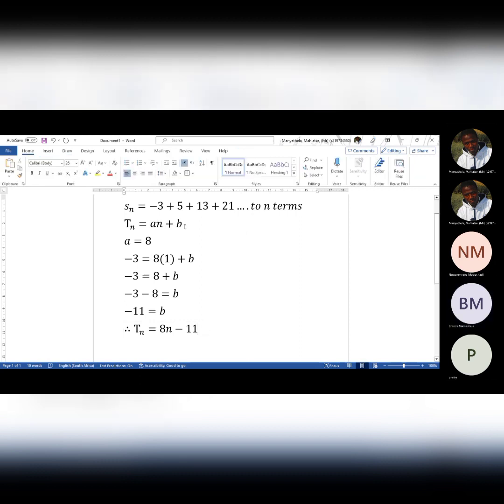Even if you use term number 2, it will still work out the same.